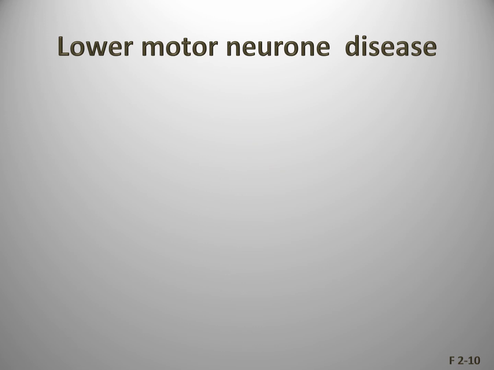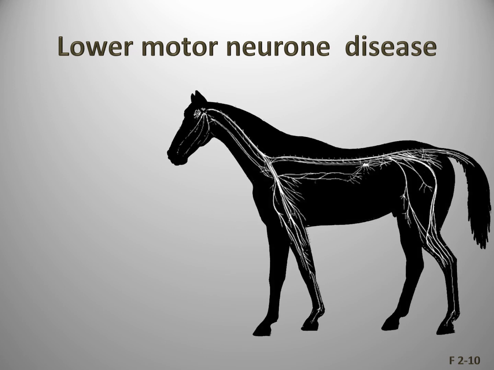The complement to upper motor neuron disease is lower motor neuron disease. Using our trusty horse with the peripheral nervous system in here, we can see that if we impair the transmission in any of the pathways of the peripheral nervous system, we have a case of lower motor disease.